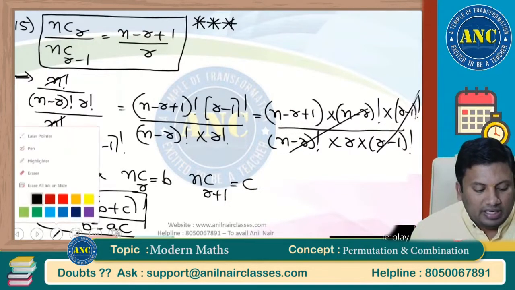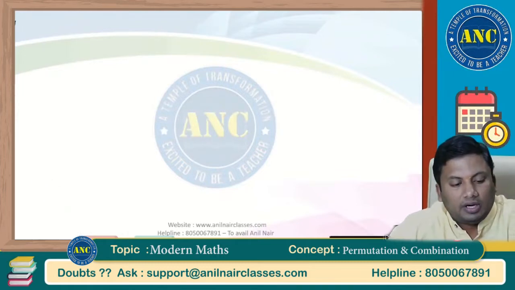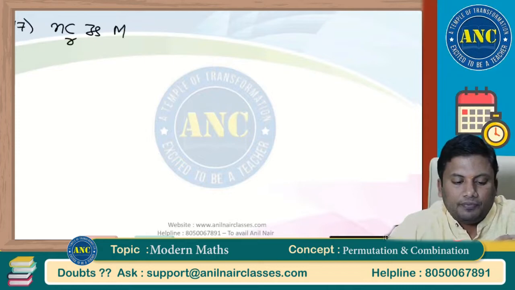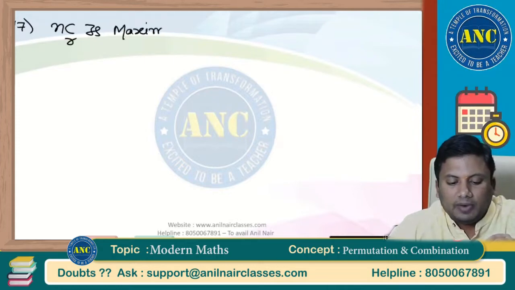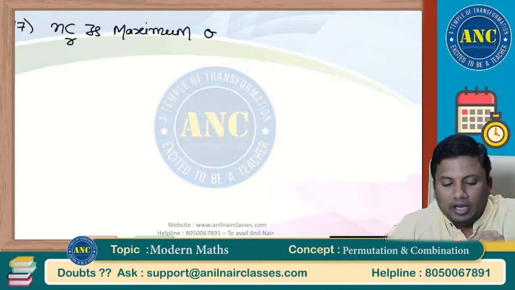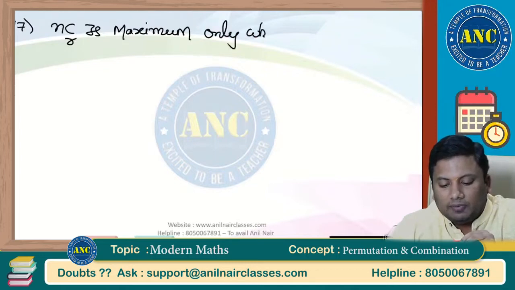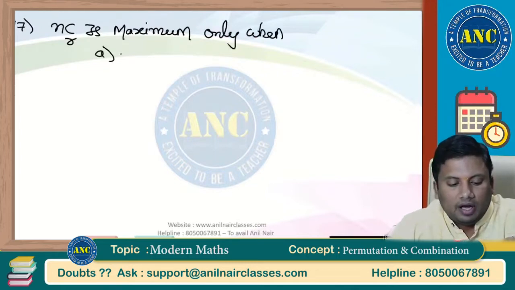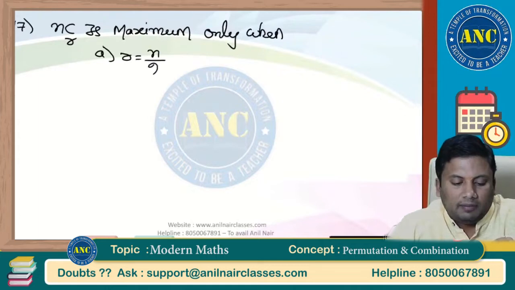17th property is extremely important. What is that property? NCR is maximum only when r is n by 2 if n is even.